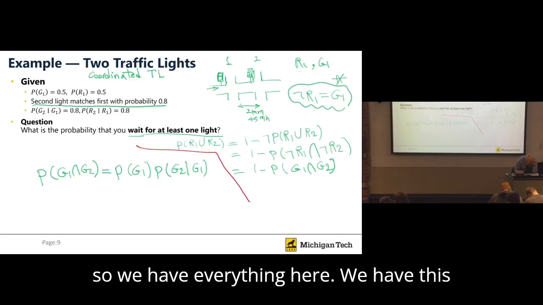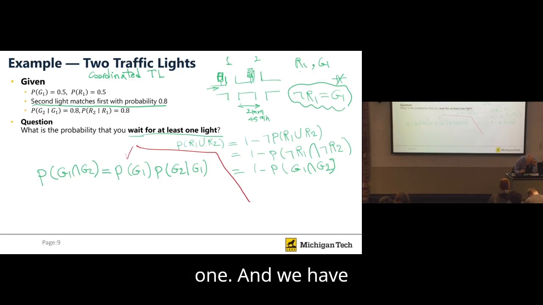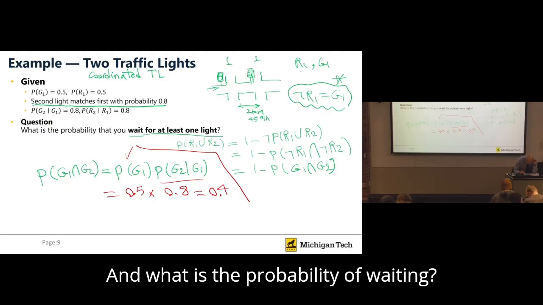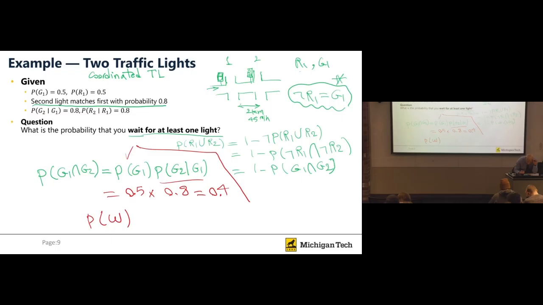Okay, so we have everything here. We have this one, and we have also this one. And what is the probability of waiting? It is equal to 1 minus 0.4, which is 0.6.